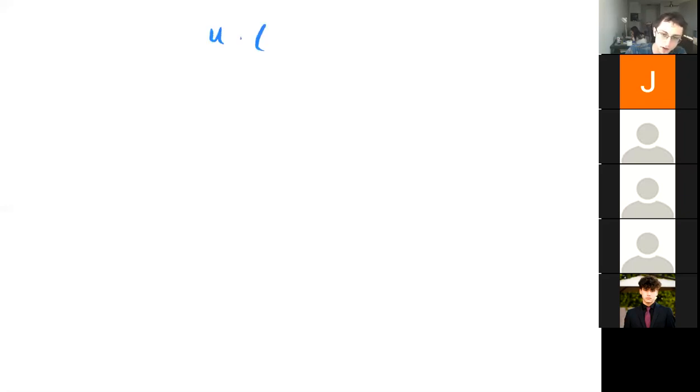So U dot V cross W equals 0. What does this tell you about U, V, and W? So this is kind of a conceptual question. Would anyone be willing to say what they think if they think anything? I was going to say V and W were orthogonal, but I think that's wrong.